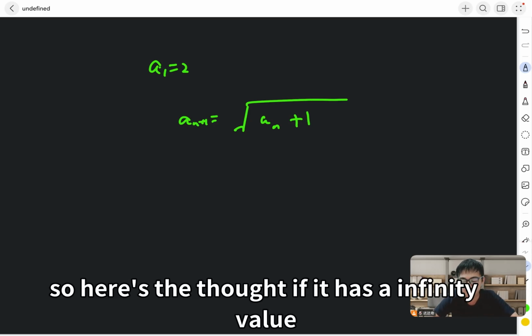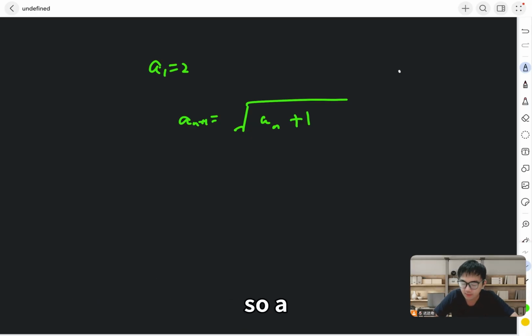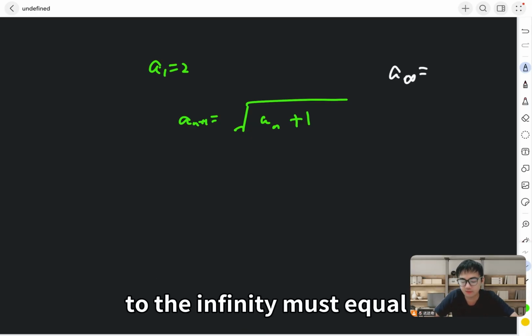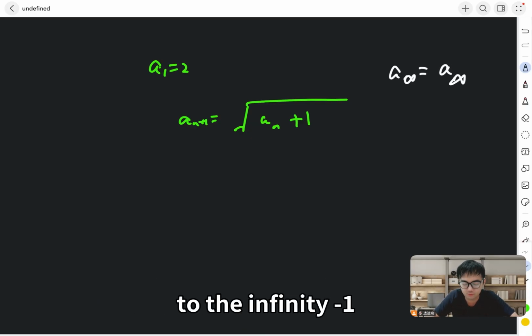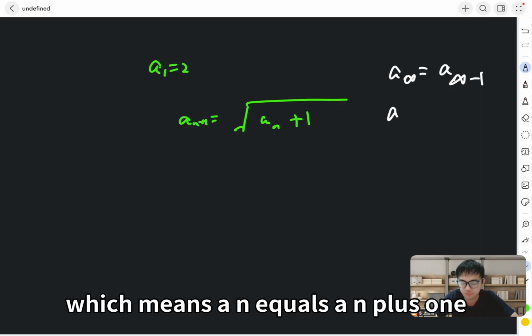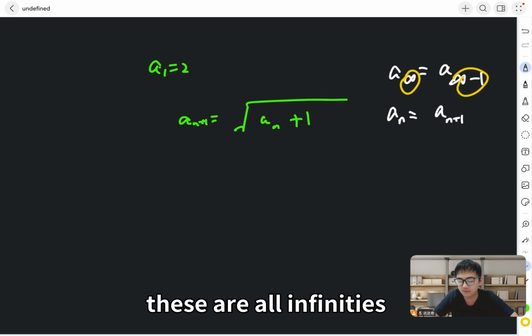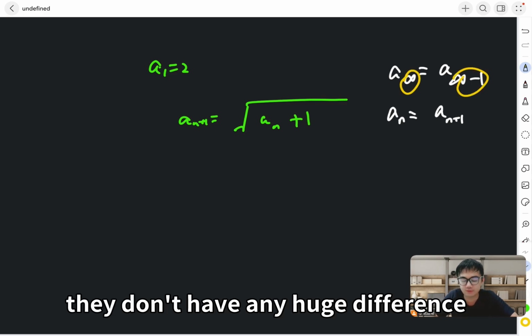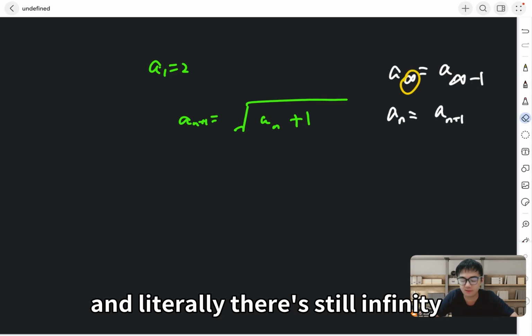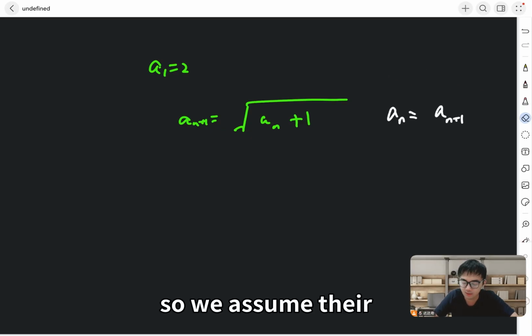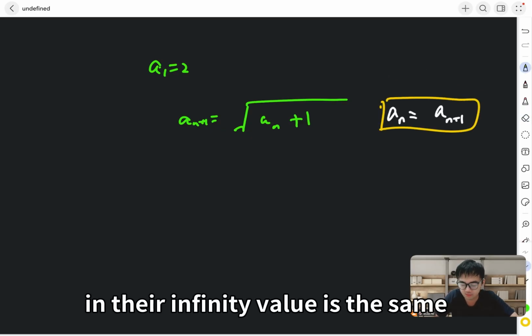Here's the thought. If it has an infinity value, then a at infinity must equal a at infinity minus 1, which means an equals a(n+1). Because basically these are all infinities, they don't have any huge difference, and literally they're still infinity. So we assume their infinity value is the same.